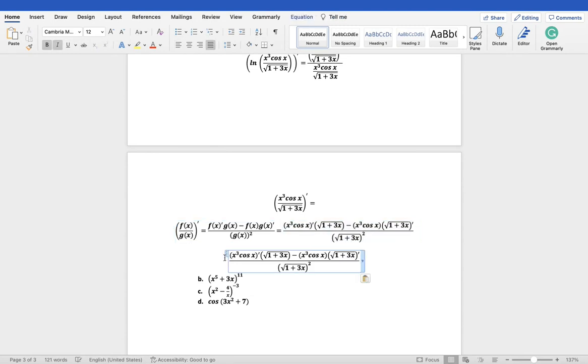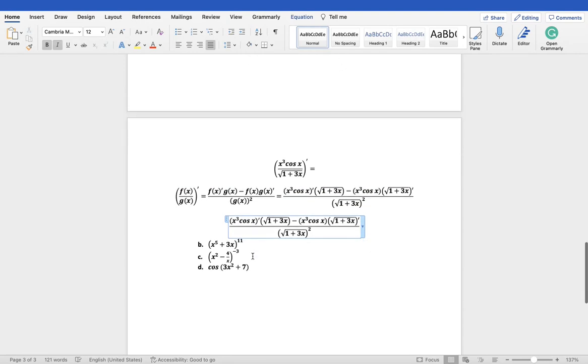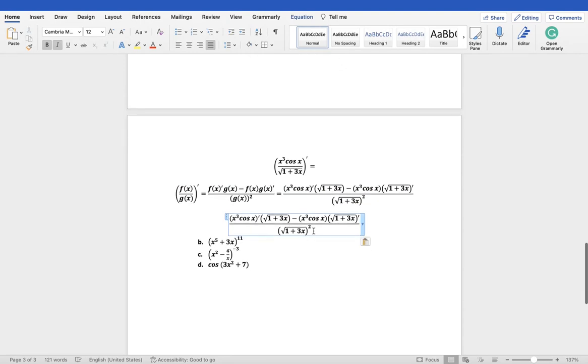As you simplify this, now you have to find the derivative of x cubed times cos x. So let's try to find all of them separately and then just plug into the main function. So let's find this. What is the derivative of x cubed times cos x?